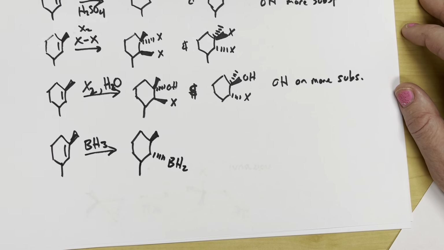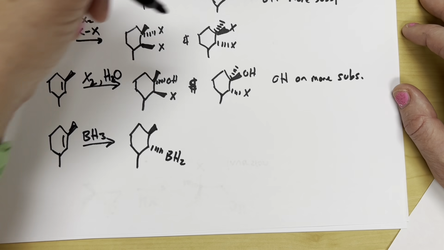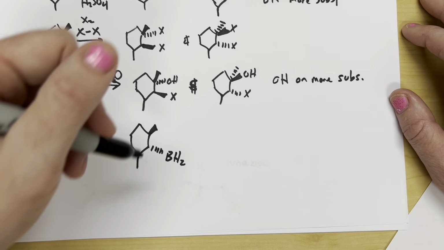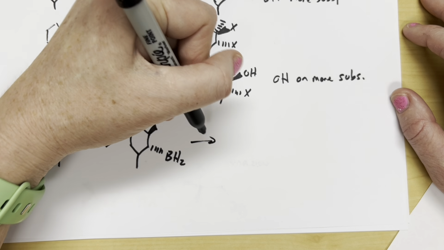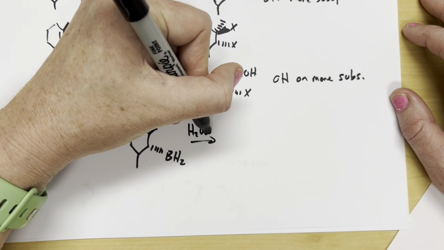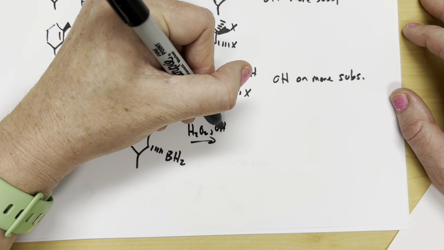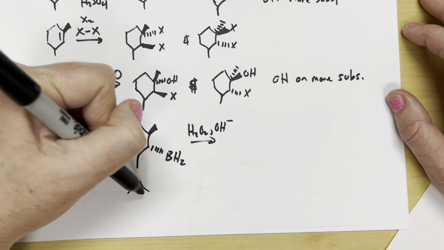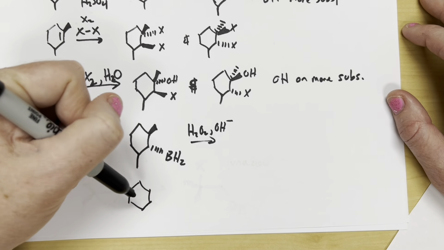Of course, we'd still have the methyl group that I love to leave out for you guys. I know I'm the worst, I'm sorry. Okay, and then you could react that with H2O2 and OH minus. And what it's going to do is it's going to keep this same exact configuration. So when we did the BH2, by the way, you got the other product as well.